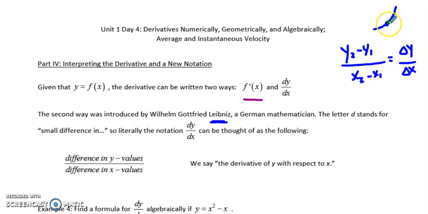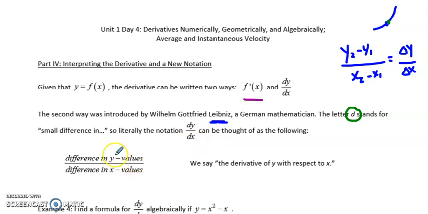So the change in those points, instead of using the Greek delta, we are going to use the lowercase d for a tiny change in. So literally dy dx is the same thing as slope, delta y over delta x, but with infinitesimally small changes in both y and x.